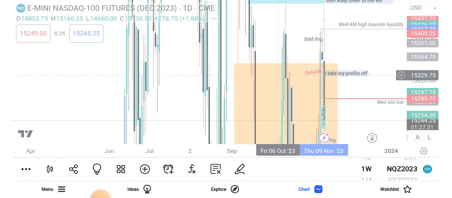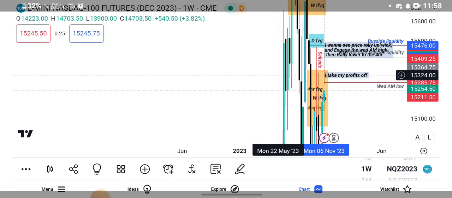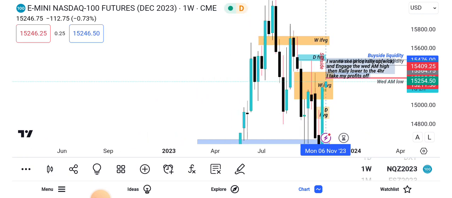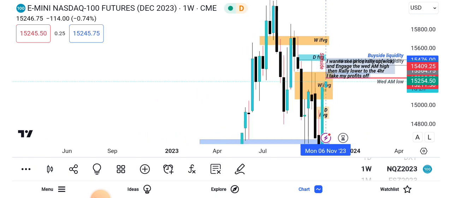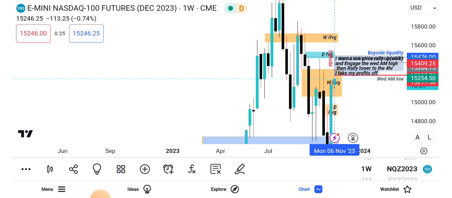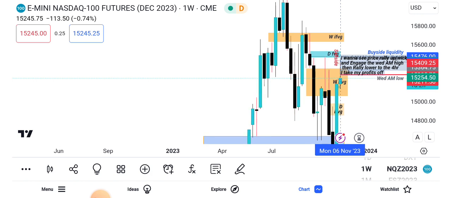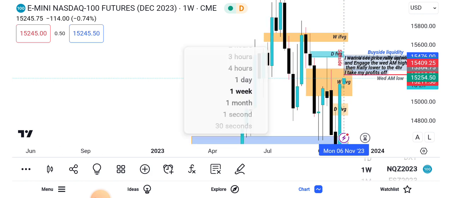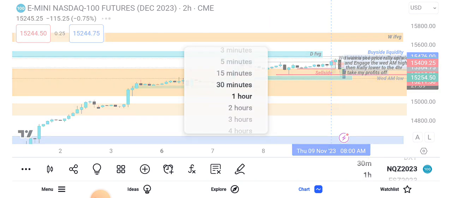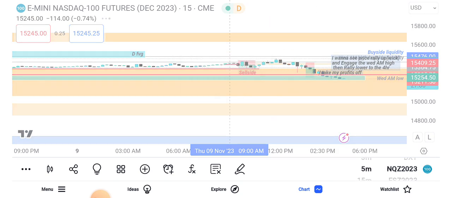Let's see. This candle, yeah, tomorrow we might expect a pullback, but let's wait and see what tomorrow has for us. So that's how price played today.